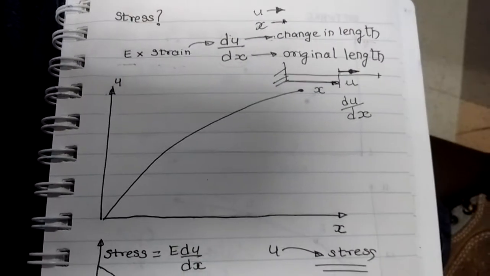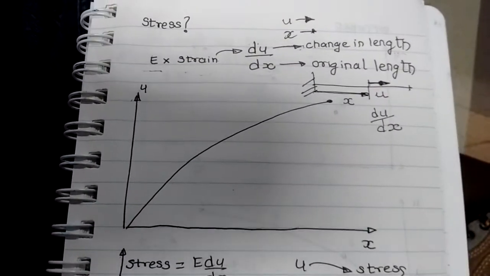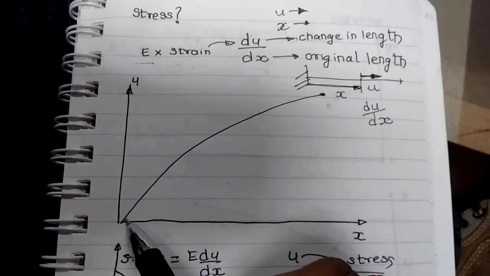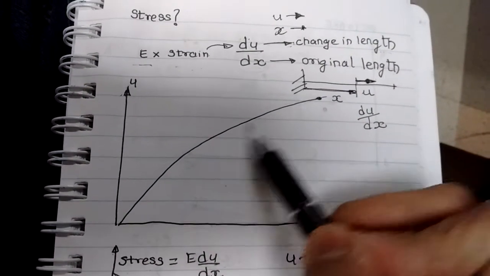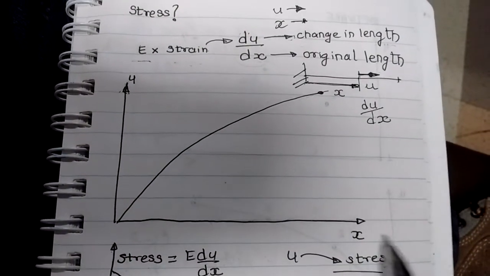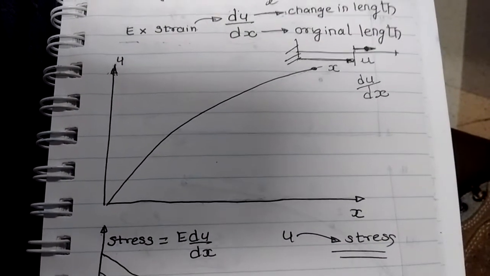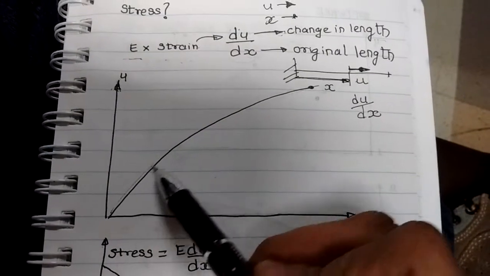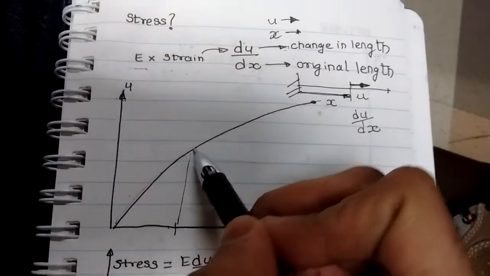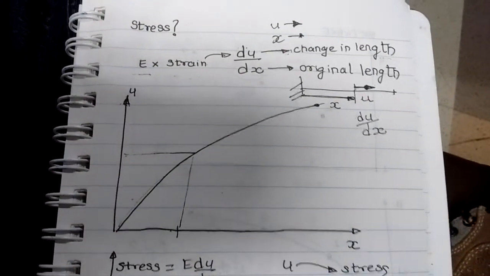So for the exact solution for the same problem, if we try to do it experimentally, we got this kind of a curve of displacement versus the length. For each and every point we can find the displacement after all the forces are applied.